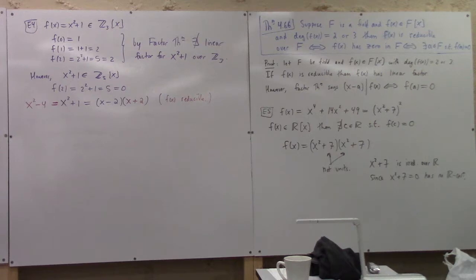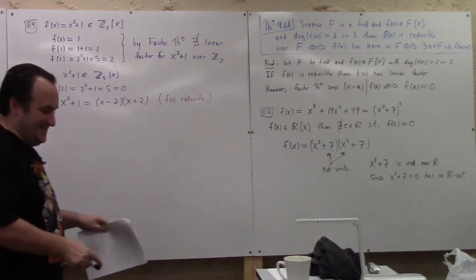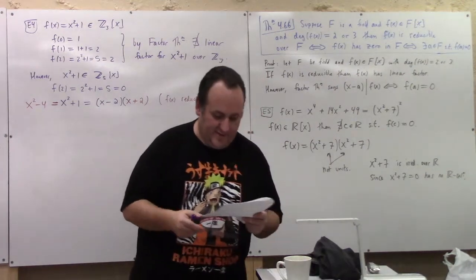So this is a very nice theorem to use, but I'm just not interested in its proof with you guys, if you'll forgive me. I hope you can forgive me for not proving it.